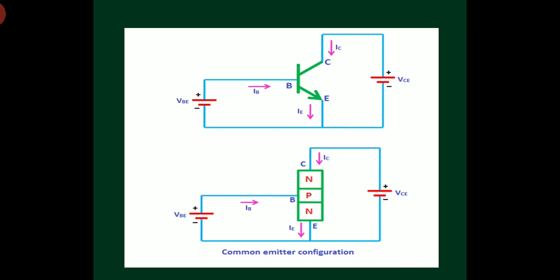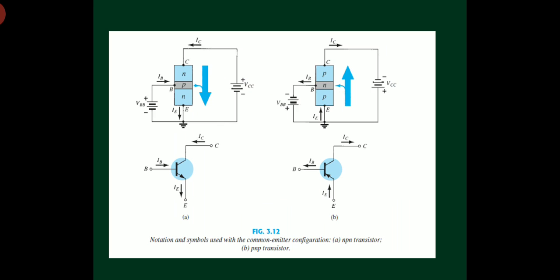Here the input junction is forward biased by voltage source VBE and the output junction is reverse biased by voltage source VCE, right? Now let us move on to the PNP transistor. On the right side of the screen you are seeing the diagram now, it is a PNP transistor, right?